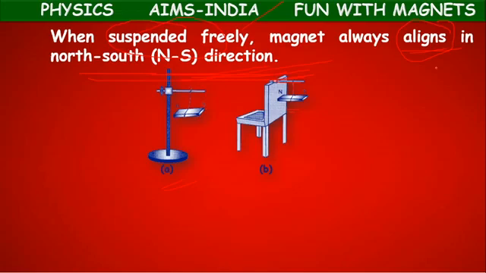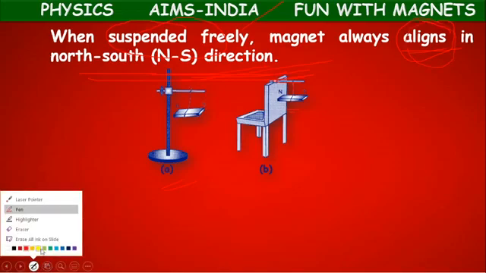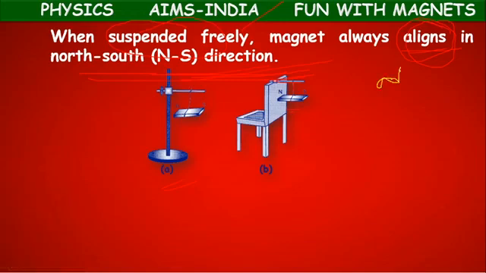After some time, it aligns itself. What is the meaning of align here? Align means it will arrange itself. It arranges itself in the direction of north and south. It will point towards the north direction and south direction.